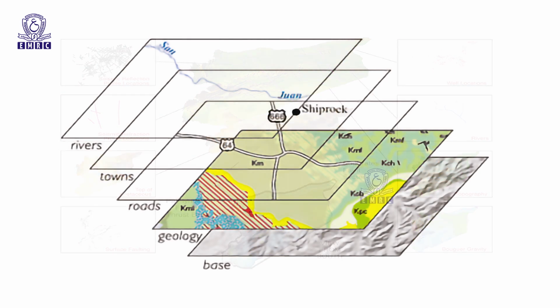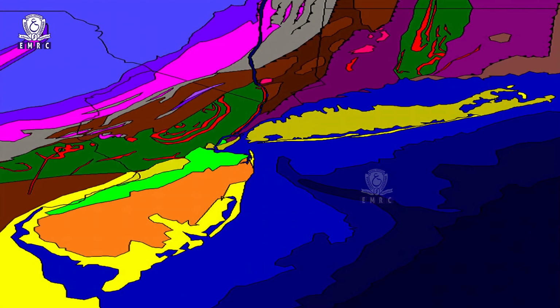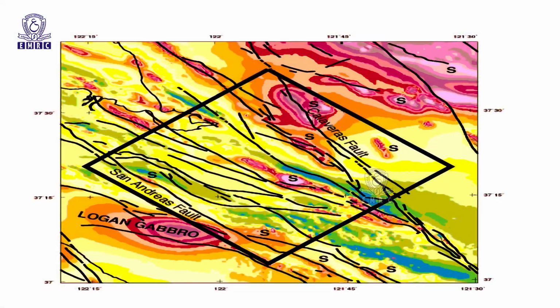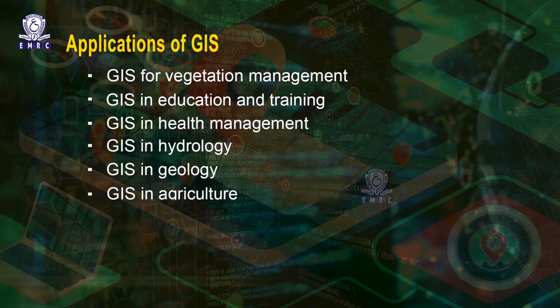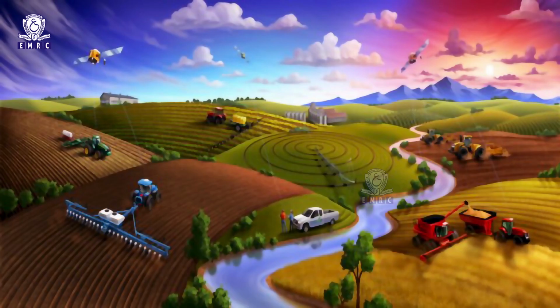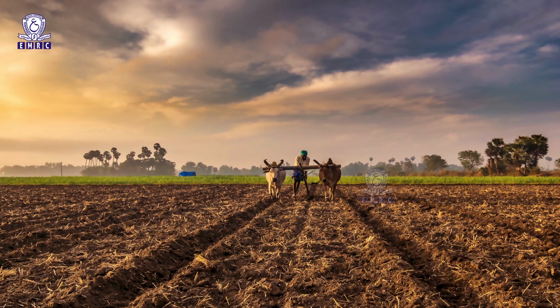The cartographic application of GIS in collecting, digitizing and preparing geological maps in different scales and on the national scale, that is geological, airborne geophysic, mineral, geomorphological maps, are among the main applications of the GIS for the numerous geoscientists.